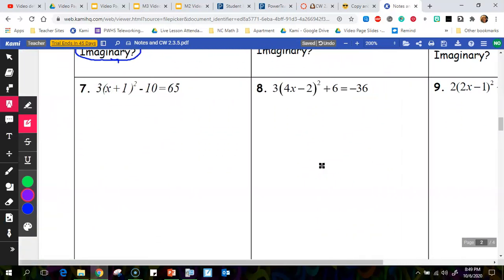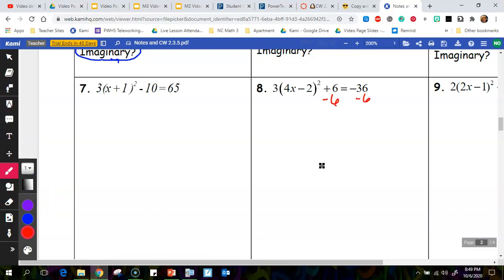Okay, let's see, what else have we got? Let's do number 7. Actually, I think I'm going to do number 8. So I need to subtract 6. I'm trying to get that x by itself eventually. That's going to be negative 42, okay?